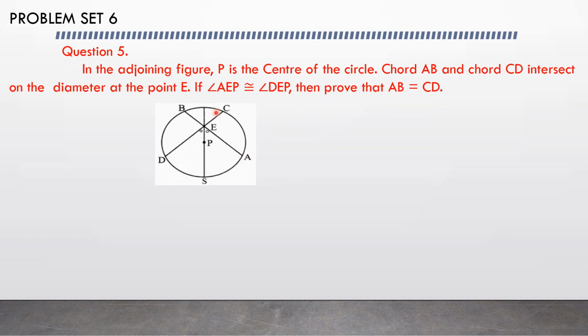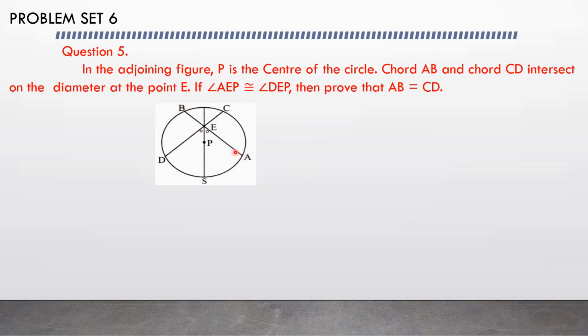The figure is already given. In this figure, chord AB and chord CD intersect at the point E, and the point E is on the diameter. Angle AEP and angle DEP are congruent, and we have to prove that chord AB is equal to chord CD.